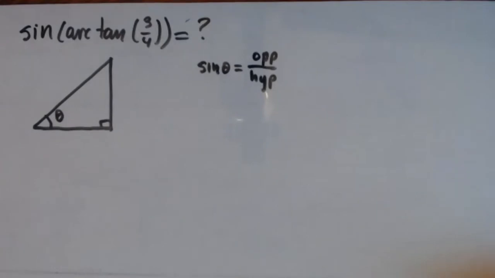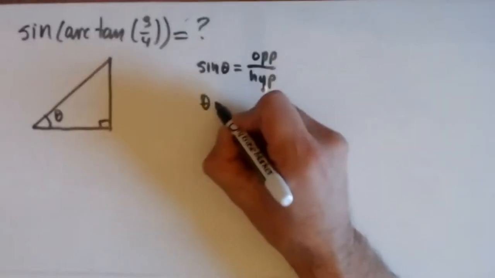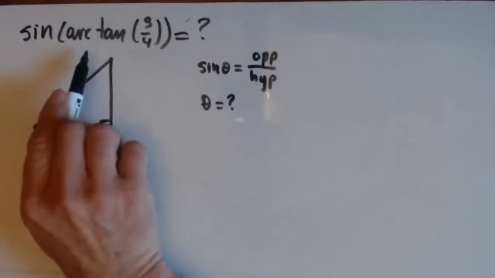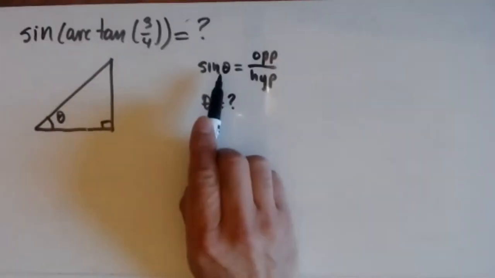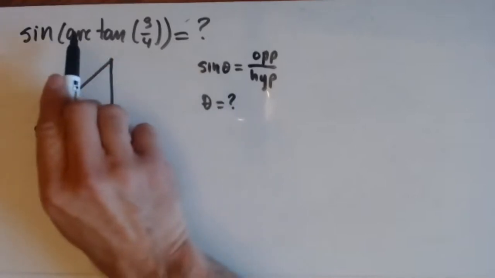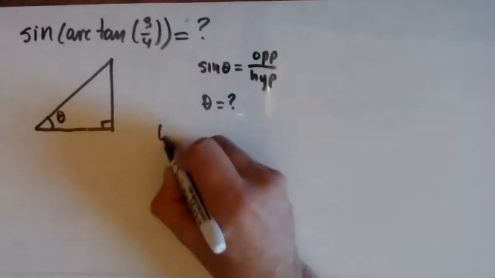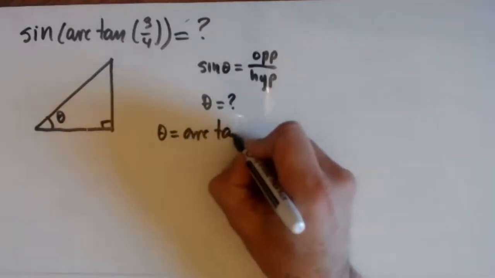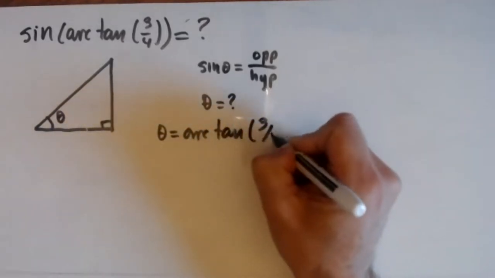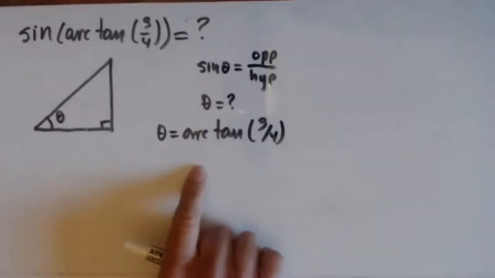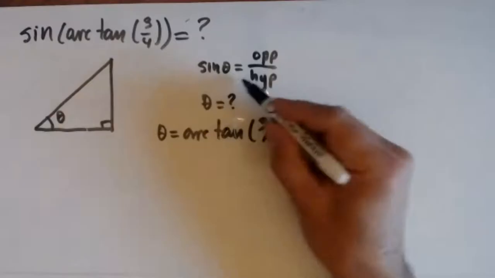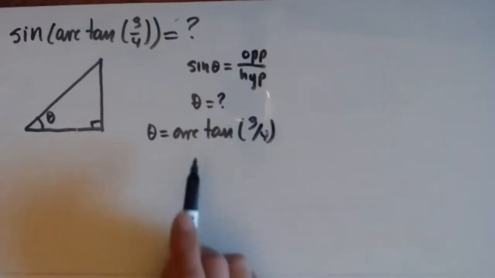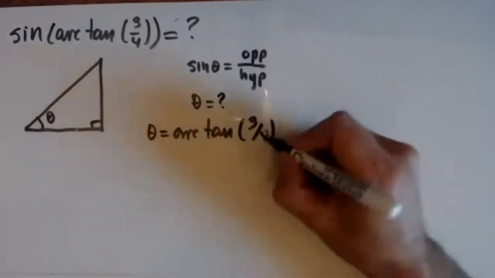Okay, but the problem is here, who's theta? What I'm going to do is match this expression with this expression, correct? So in this case, theta is the arc tangent of 3/4. This is the theta. If I match these two, theta is the arctangent of 3 over 4.